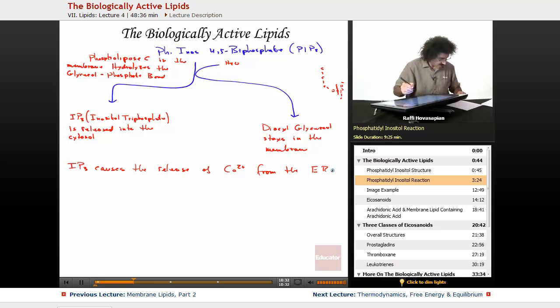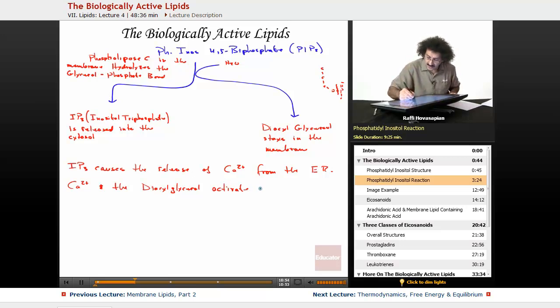I'll just put ER for endoplasmic reticulum. Now, the calcium ion and the diacylglycerol that's still attached to the membrane, they activate together, the calcium and the diacylglycerol.